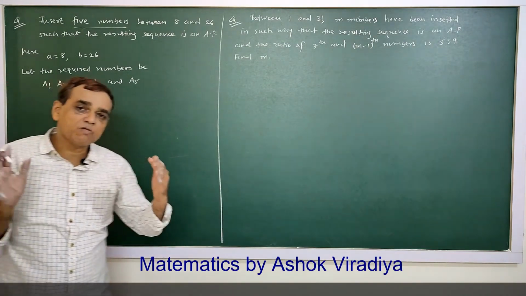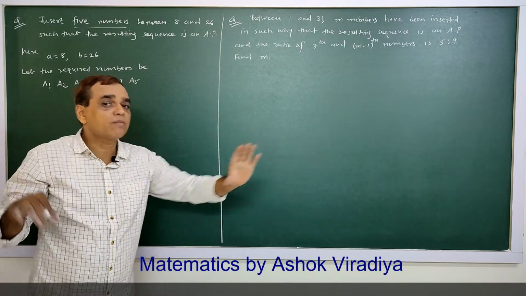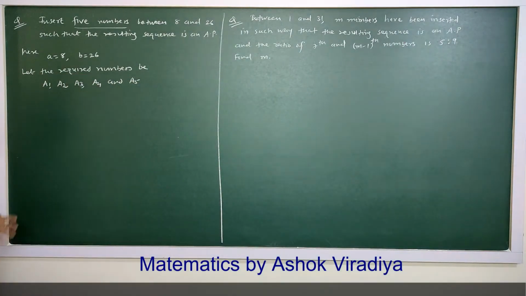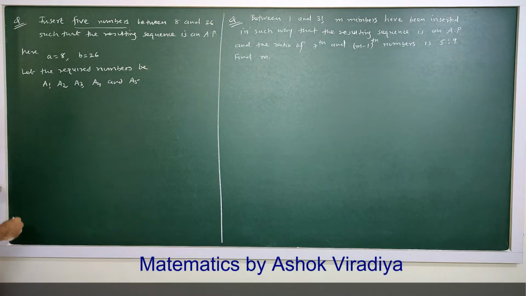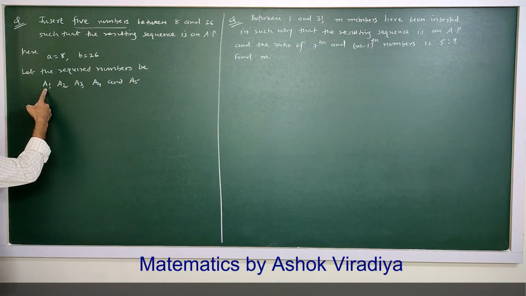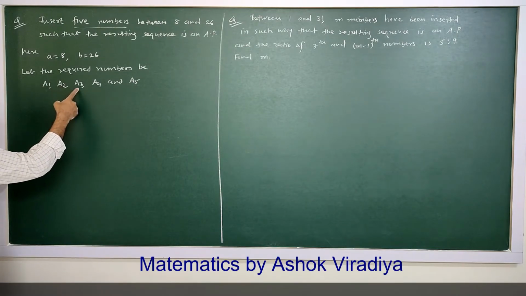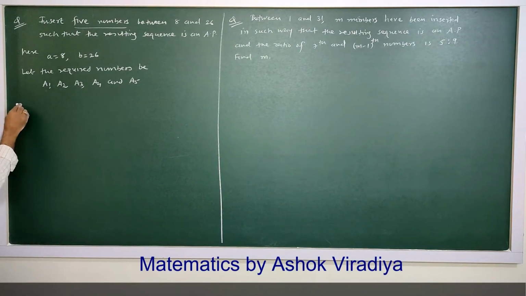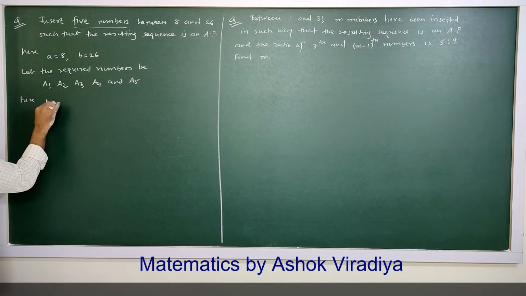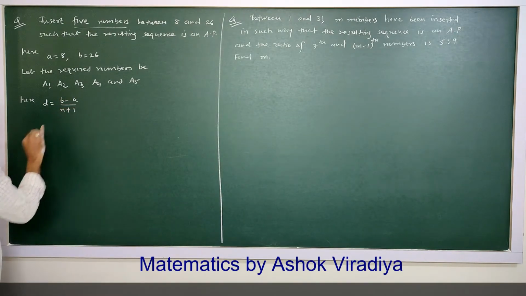These are the 5 required numbers we want to insert between A and B, so the resulting sequence is an arithmetic progression. That means we want to insert 5 arithmetic means. So here it will be A plus D, A plus 2D, A plus 3D, as explained in the theory part. First of all we have to find the common difference. Difference is B minus A upon n plus 1.